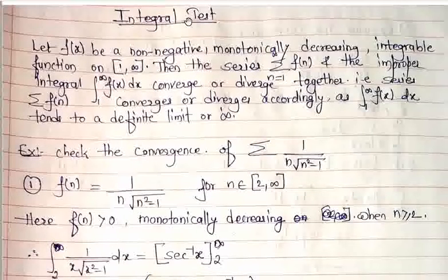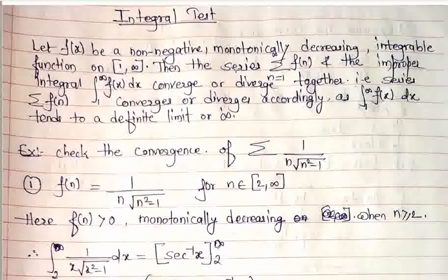Next is the integral test. Let f of x be a non-negative monotonically decreasing integrable function on the interval from 1 to infinity. These are the two limits. It starts here and it ends here.